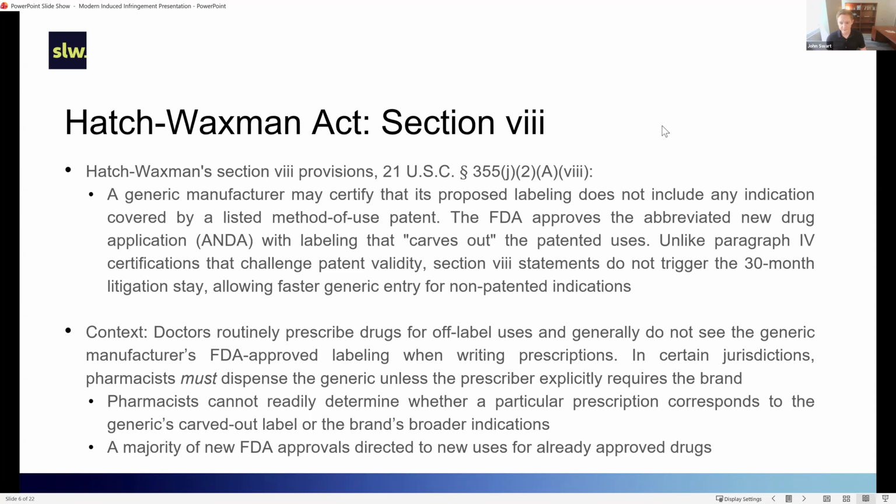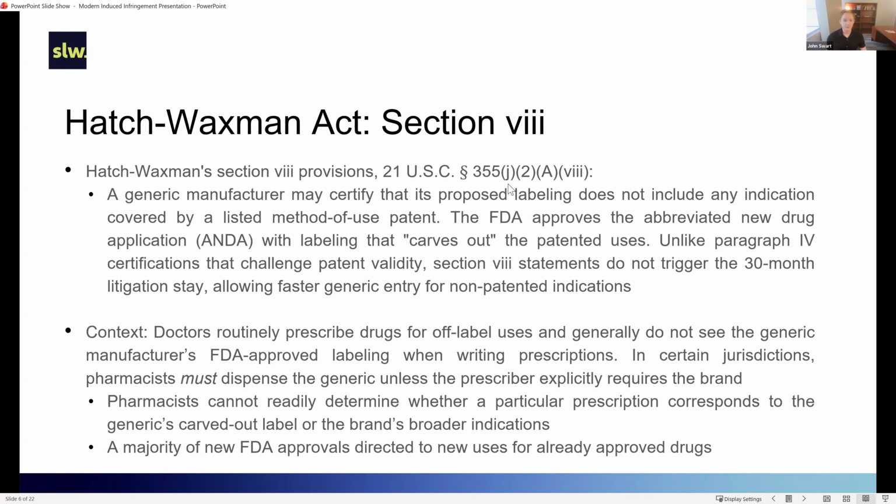The FDA approves the abbreviated new drug application, abbreviated as ANDA, with labeling that carves out certain patented uses. Unlike paragraph 4 certifications that challenge patent validity, Section 8 statements do not trigger a 30-month litigation stay. So this expedites generic entry into the marketplace.